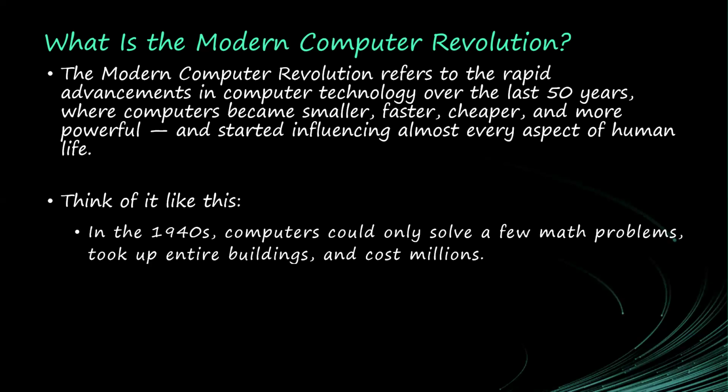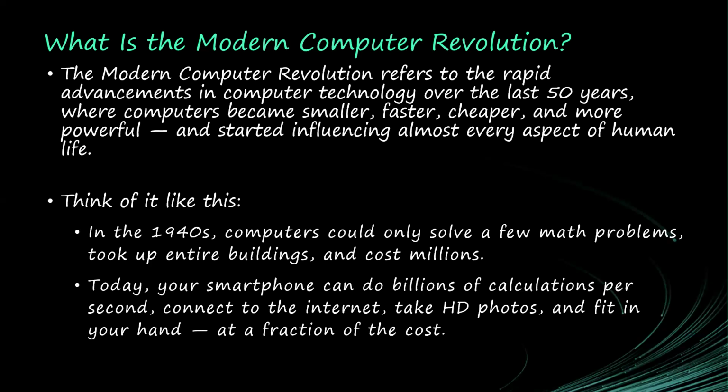They were so big that they took up the entire space and cost millions of dollars. But today, your smartphone can do billions of calculations per second. Meanwhile, that big computer in 1940 could only do a few math problems, very few.